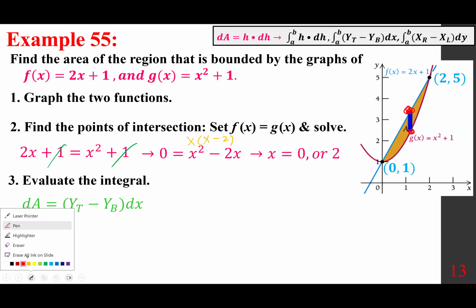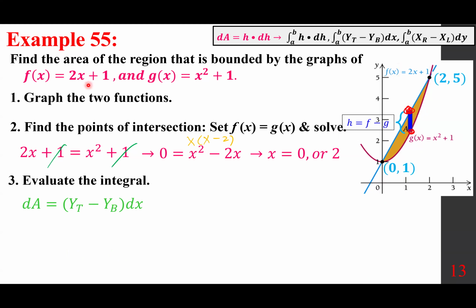So an increment of the area is dA equals y of the top minus y of the bottom times dx, because this little blue strip should move left and right, creating dx. So this is dx. The height is y of the top, which is from the function f of x, the bottom from g of x, so f minus g.